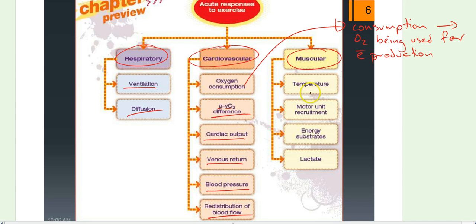So now over to the muscular system. Temperature. When we have chemical reactions, heat is given off. Now the production of energy, or the resynthesis of energy, they're chemical reactions, so heat is given off. Hence when we exercise we get hot. We look at motor unit recruitment. So a motor unit is a neuromuscular synapse.